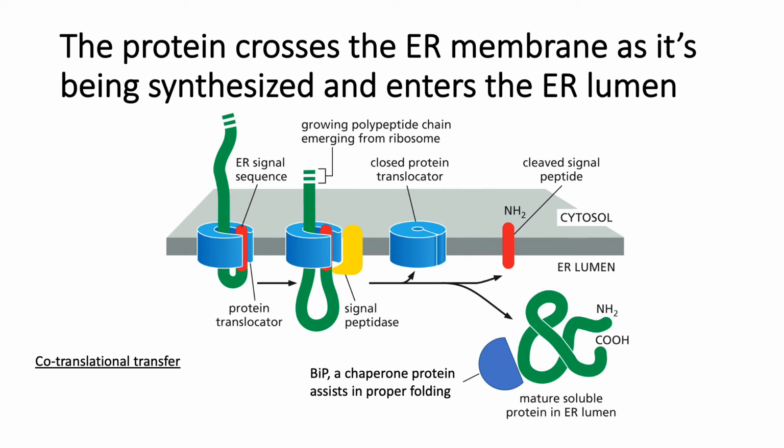The green folds spontaneously on its own. And if it's all folded up properly, that's all fine and good. If it's not folded up properly, then the chaperone protein will denature it and let it start again. How does it know it's not the proper folding?